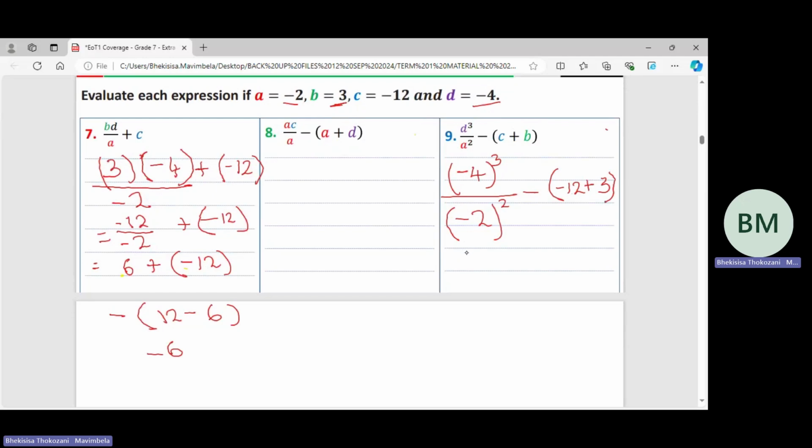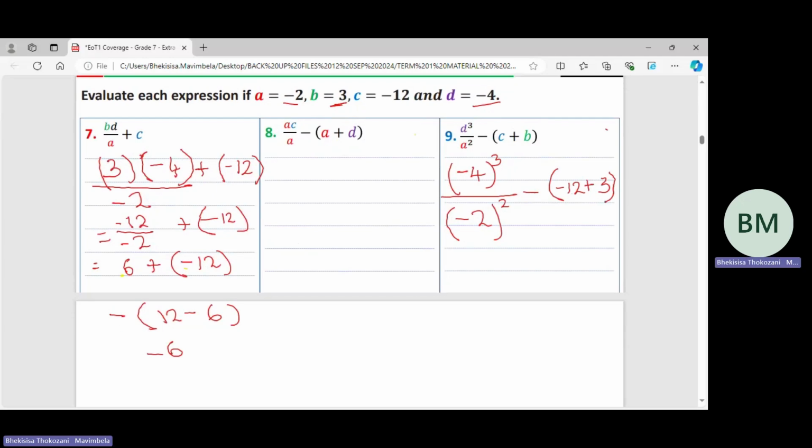Now we can start to work. We always start with parentheses when we are doing order of operations. So let's start.